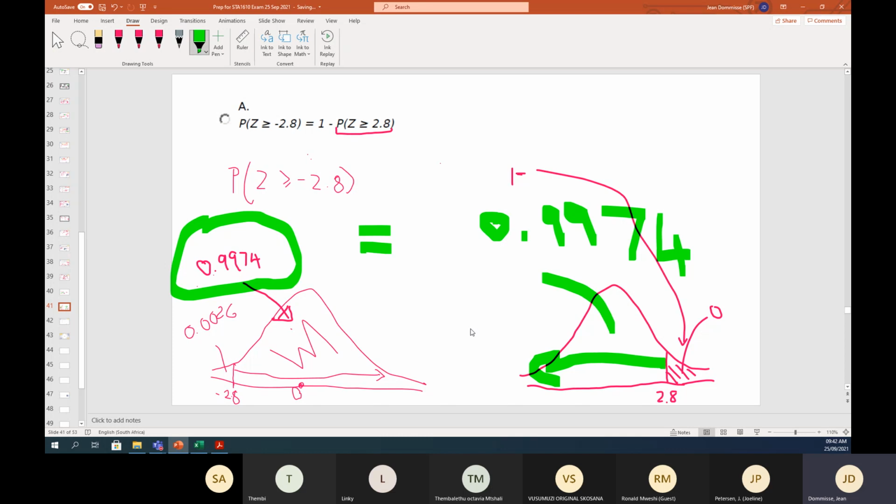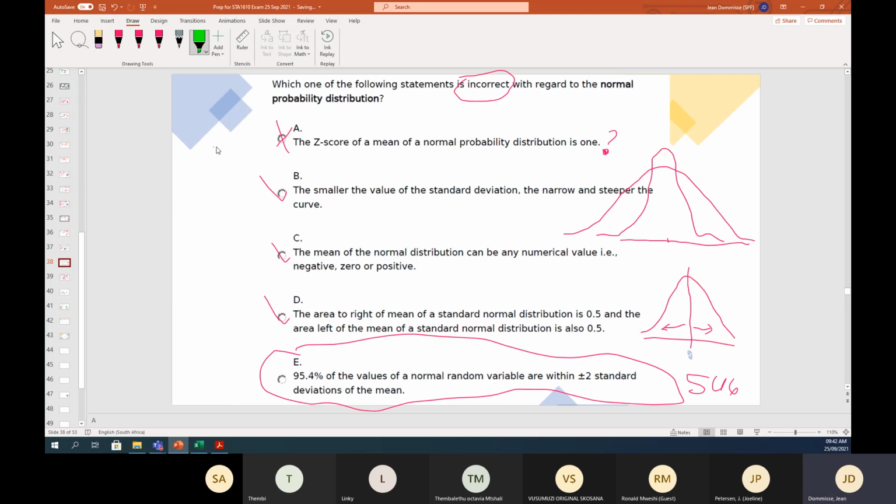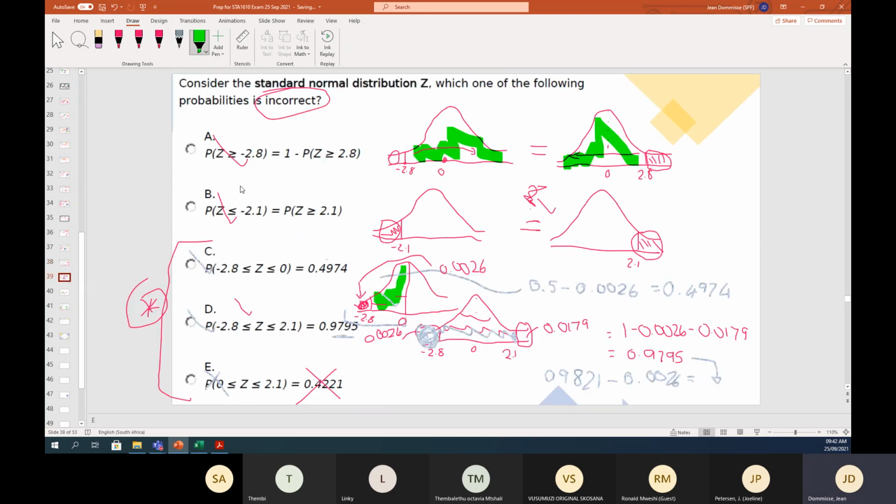I think this is nearly how they're going to ask it in the exam as well. Those first 2 options were theory questions, but you can also work them out with the numbers. My internet is not good at the moment, so hopefully you guys can still hear me.